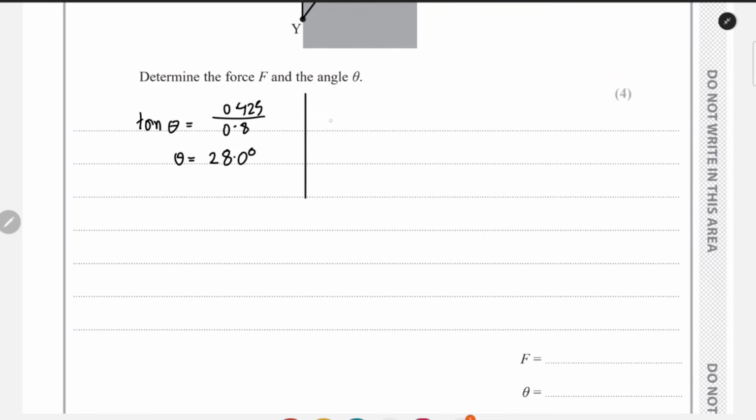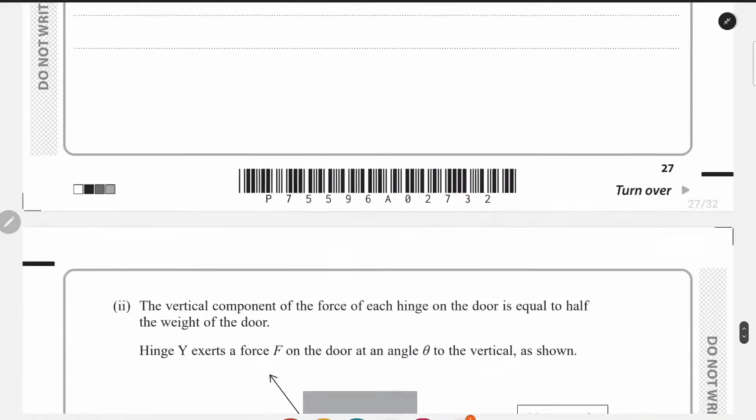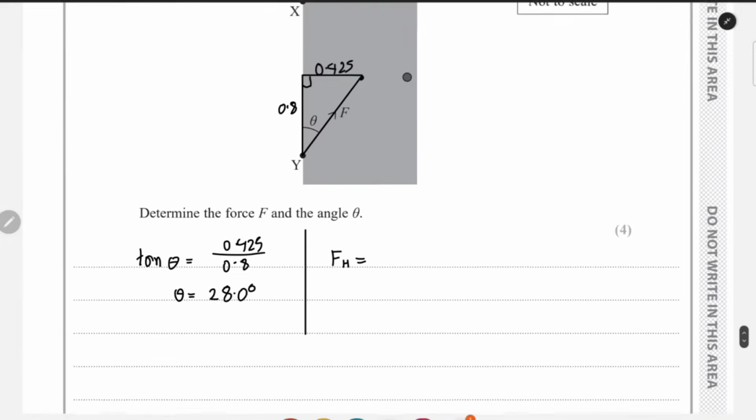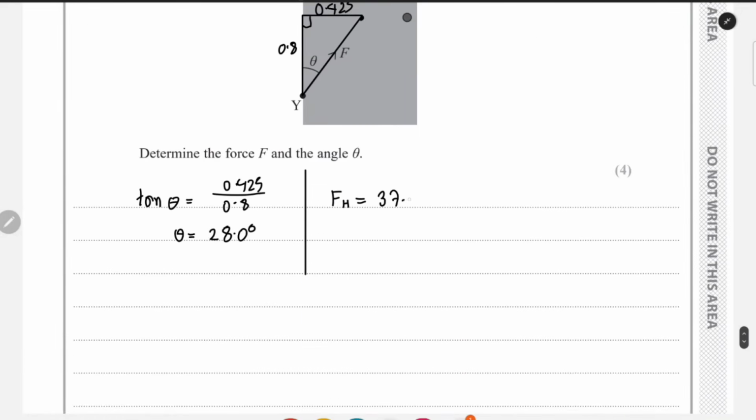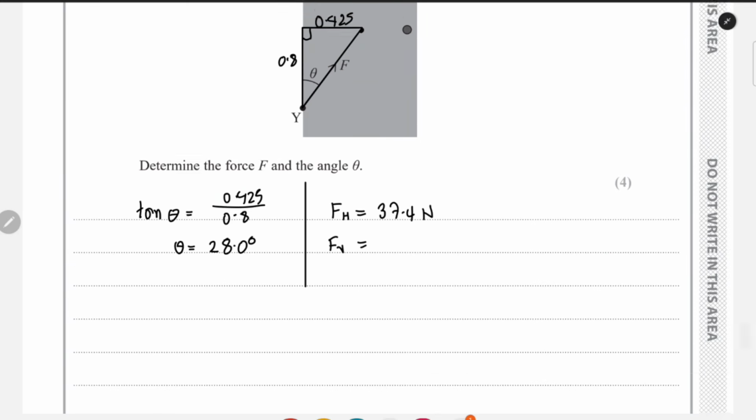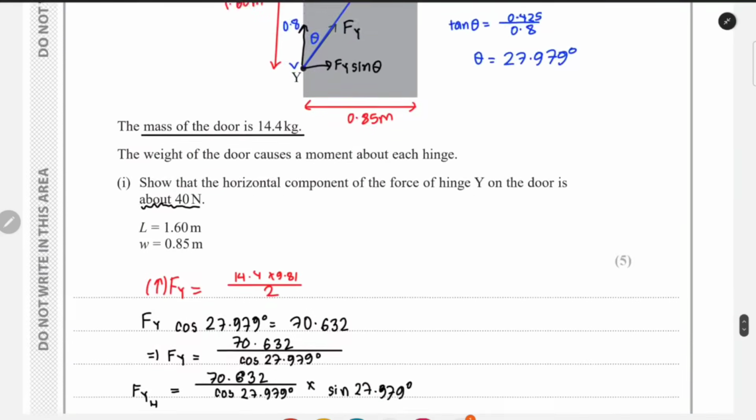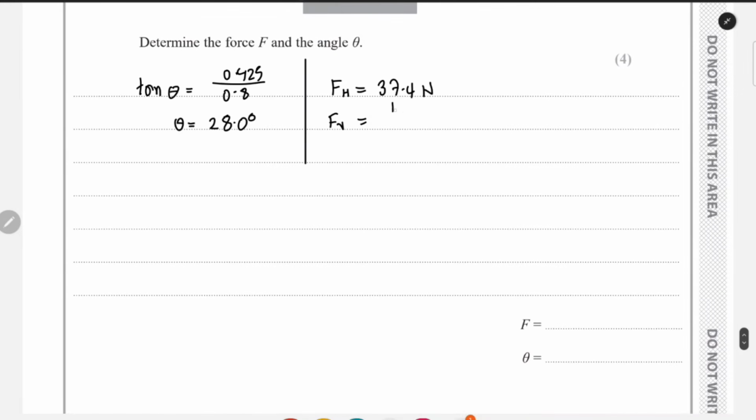We know F horizontal from part A, which is 37.4 newtons, and F vertical will be the weight of the door, so 14.4 kg into 9.81, so the weight divided by 2.